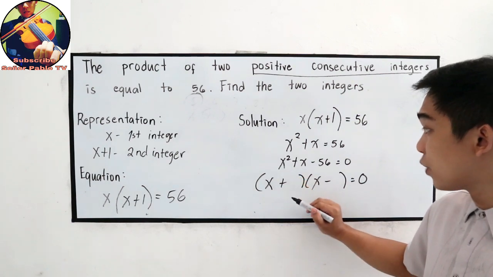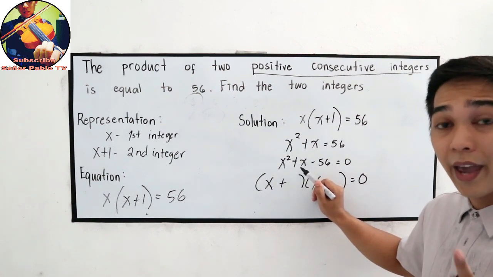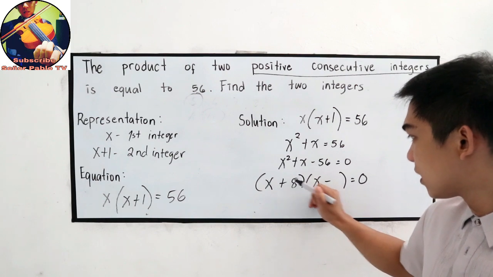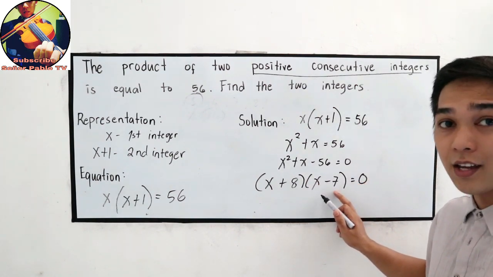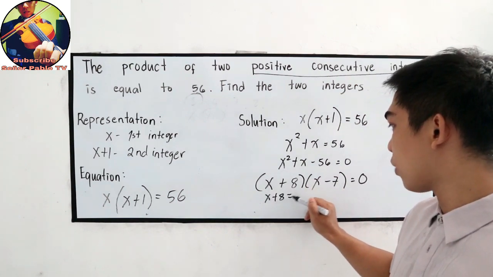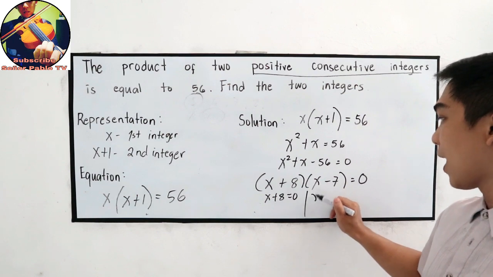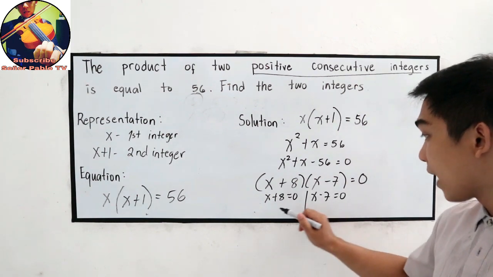So which is positive, which is negative? Since the sum is 1, 8 will be the positive, then 7 will be the negative. Then equate to 0. X plus 8 is equal to 0, and the other one, x minus 7 is equal to 0. Now solve for x.